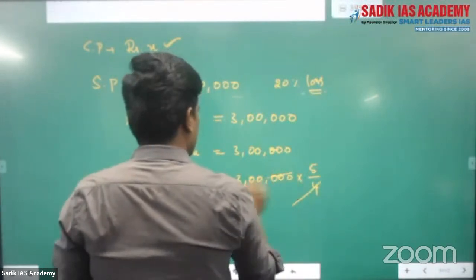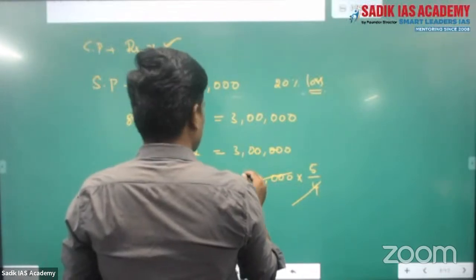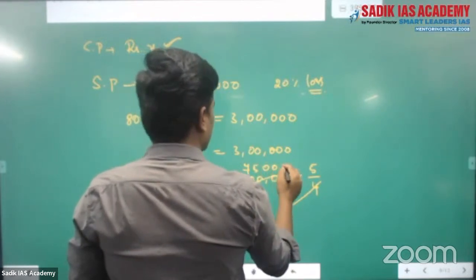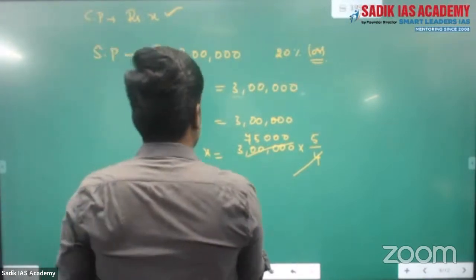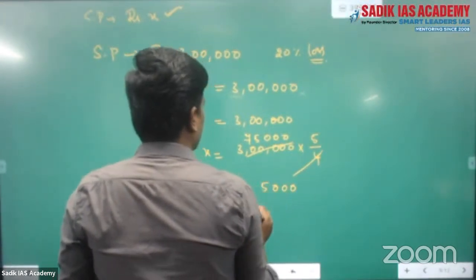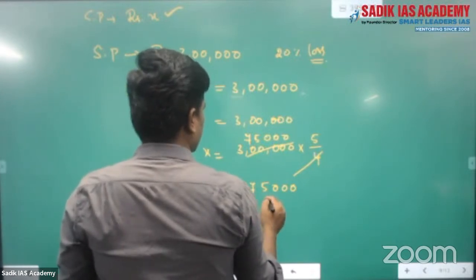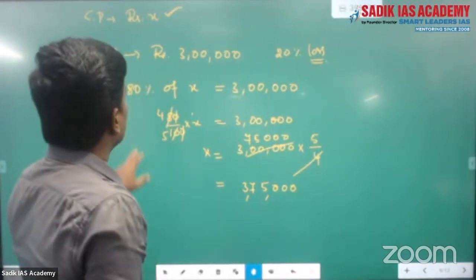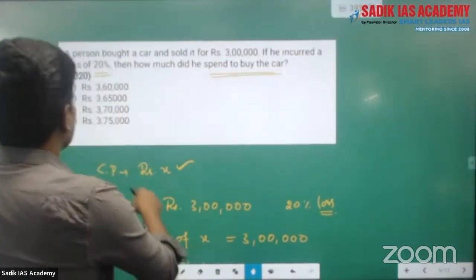If I cancel this, 75,000 into 5, so it is 3,75,000. That is the answer. So he has bought the car for 3,75,000.